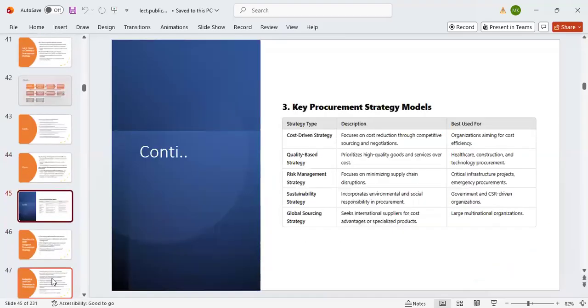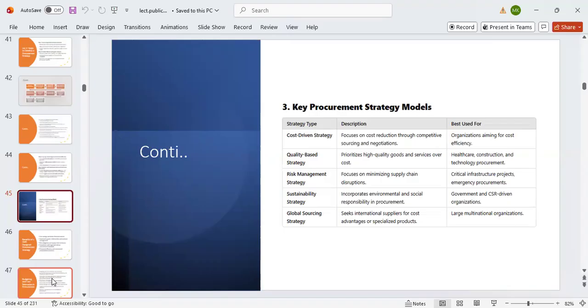Key procurement strategy models. There are strategies that should be in your mind anytime you want to talk about procurement. Strategy in terms of what? Cost-driven strategy. Your mindset is to focus on cost reduction through competitive sourcing and negotiation, and you pursue that vigorously throughout your procurement activities.